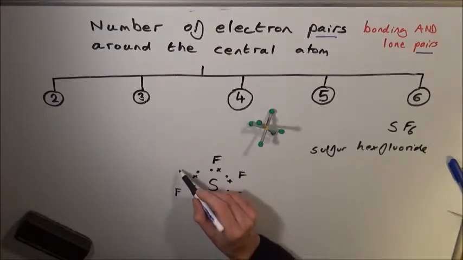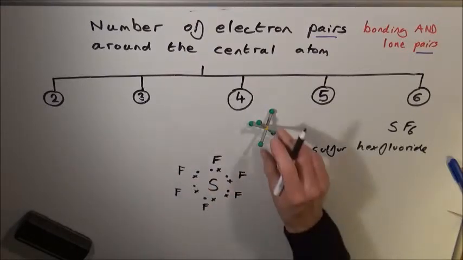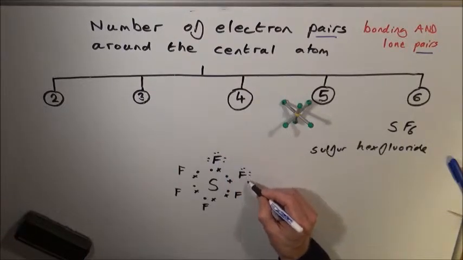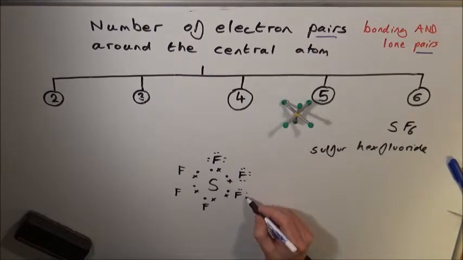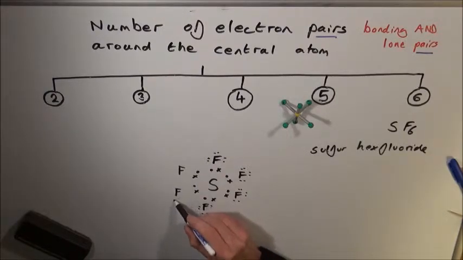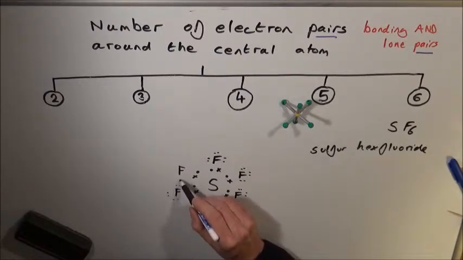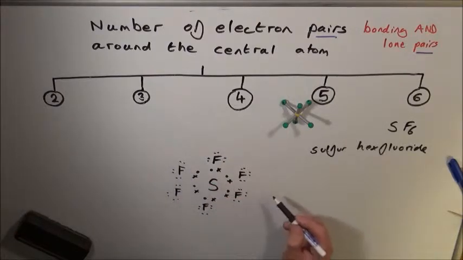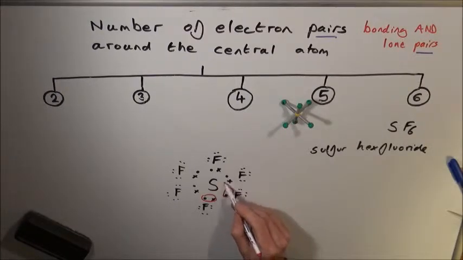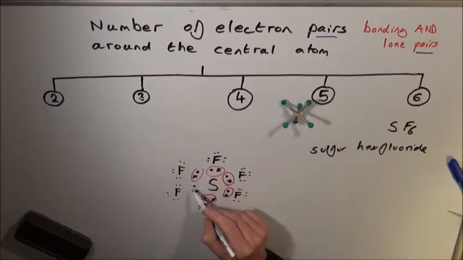And since this is a dot and cross diagram, I'm going to show the lone pairs of electrons on the fluorines. But all we're concerned about is the number of electron pairs around the central atom, which is the sulfur. So all we're concerned about are 1, 2, 3, 4, 5, 6.